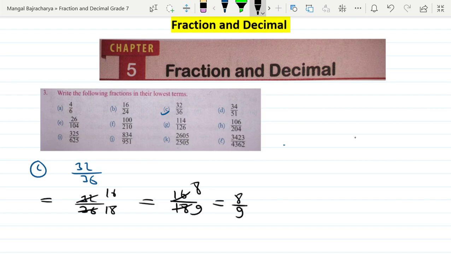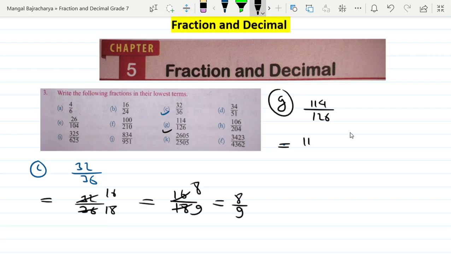So I go one more, I go with G number next. So we have there 114 divided by 126. Still you see these two numbers, numerator and denominator, are both even, so definitely they will be divisible by 2.